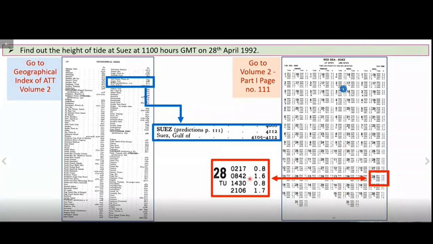Okay. So just note down this question in your notebooks, beta, and note down these heights and times of tide for Suez on 28th April. Let me know once you are done and we'll proceed ahead.